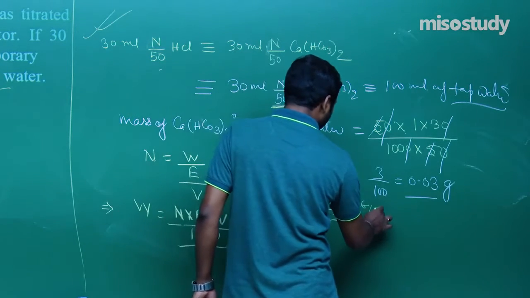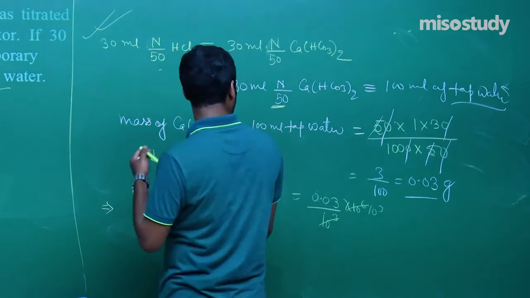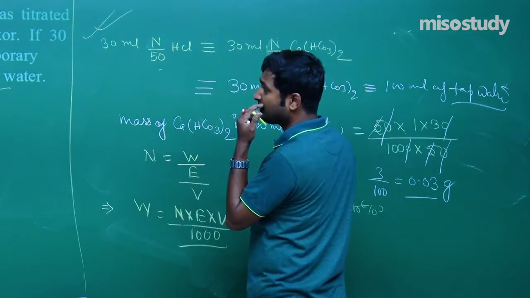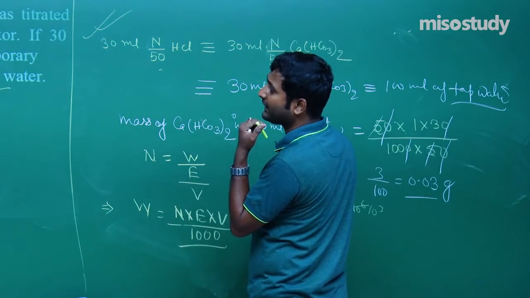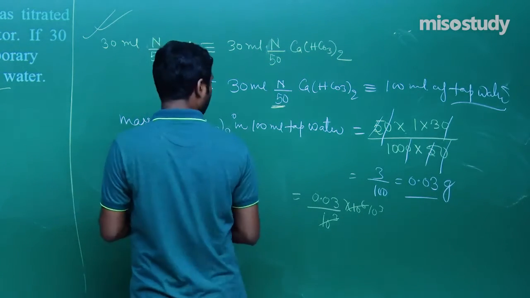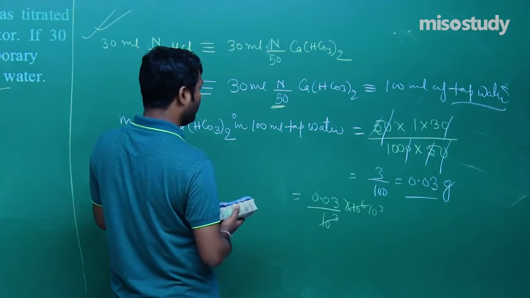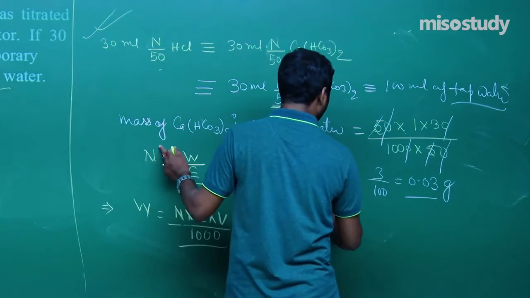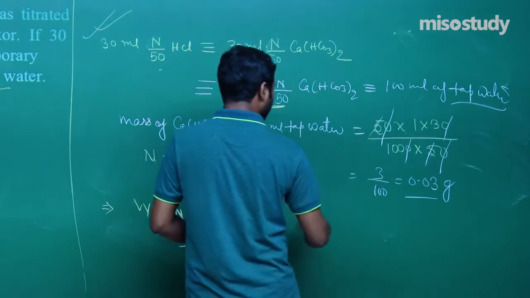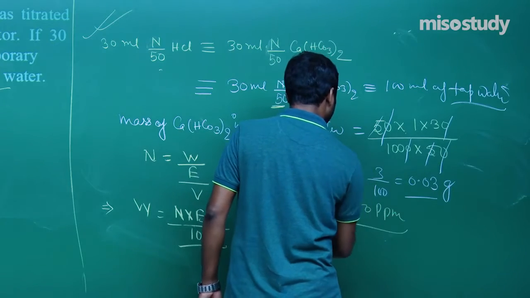This will come to 10 to the power 3. In terms of 10 to the power 6, that is mass, here the volume is 100. Okay, so we can write here that the ppm is 300 ppm.